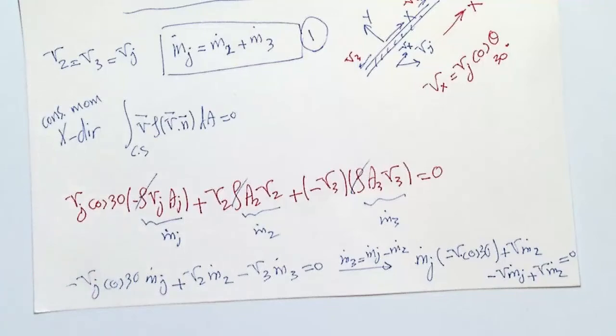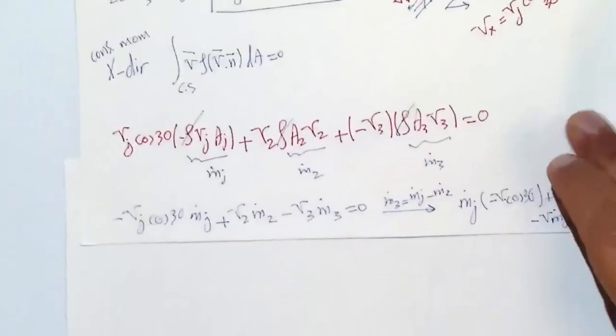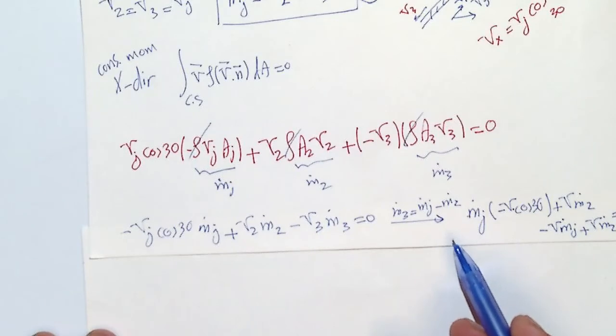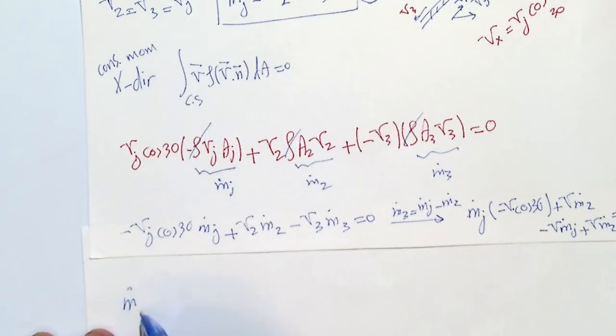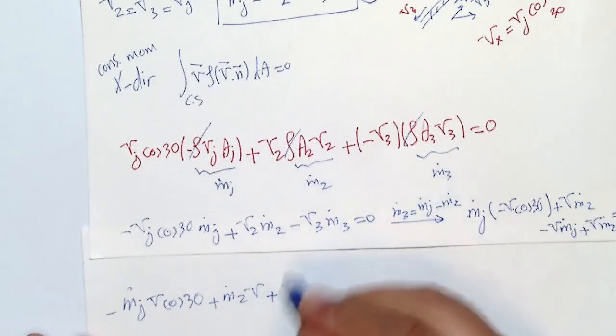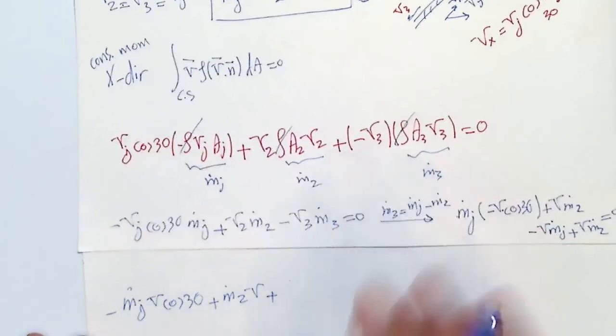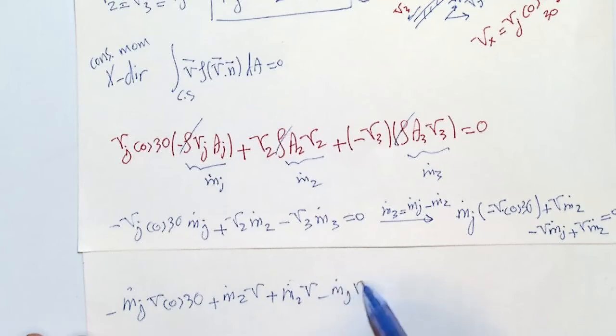So I can rewrite it again here. Then by replacing these two, we have m dot j minus V cosine 30, right, plus m dot 2 V plus m dot 2 V again, and minus m dot j V equal to 0.